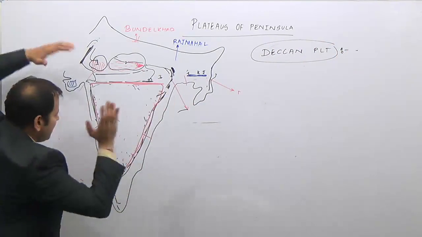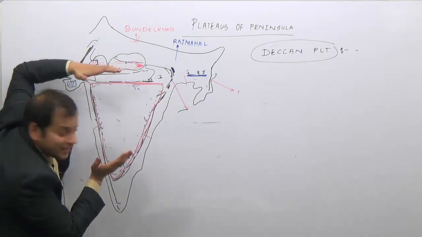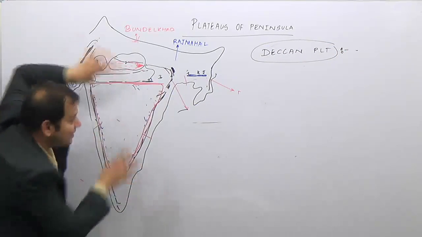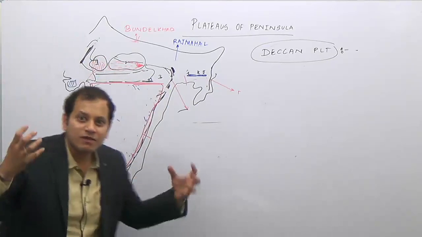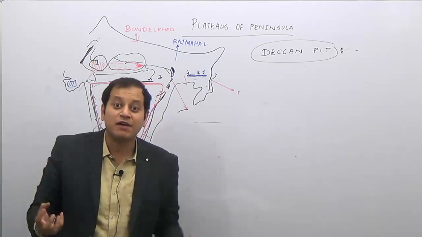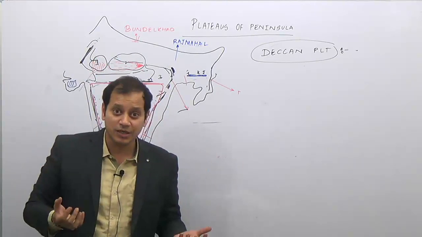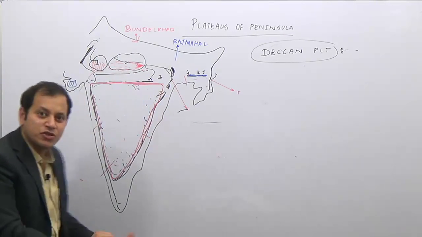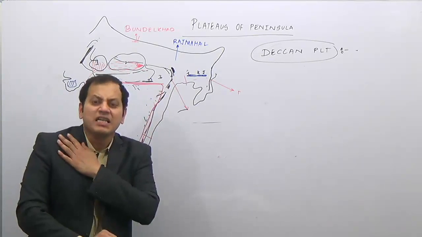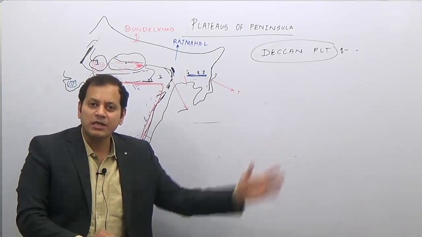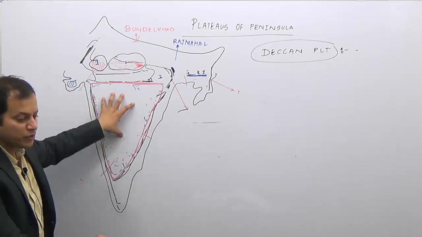Now from the size itself you can see, if we take it as one unit, the Deccan Plateau is one of the largest physiographic regions of India individually. Obviously the largest region of the Peninsular Plateau is the Deccan Plateau region.